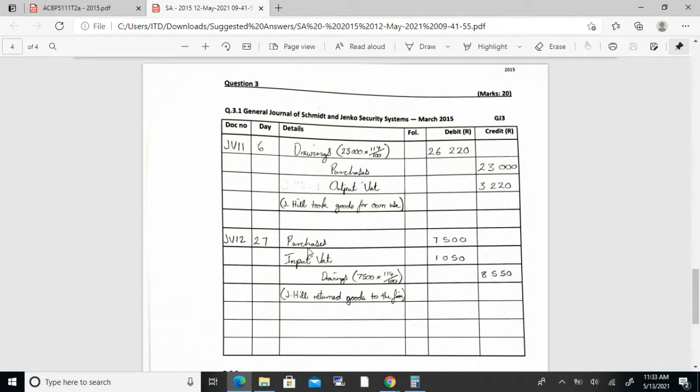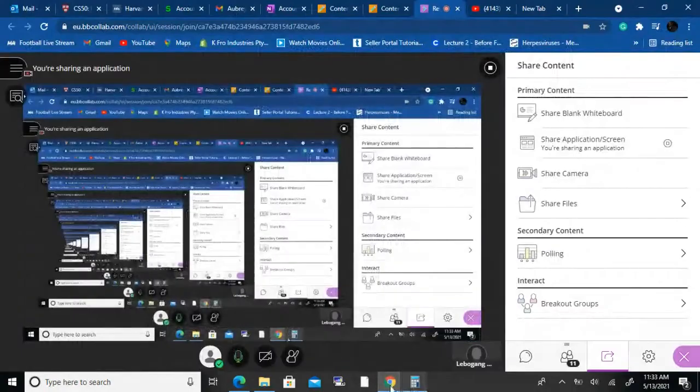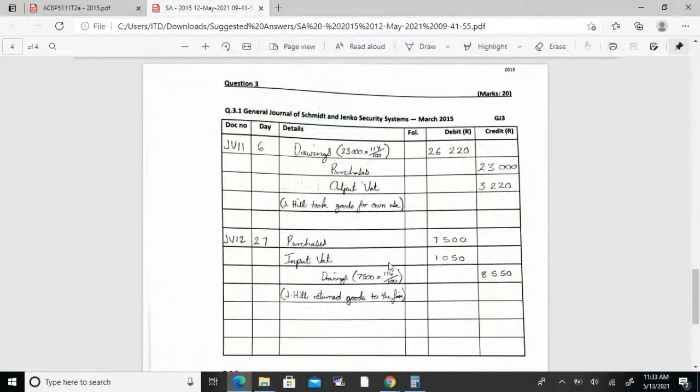Okay, JV12 was issued. Okay, so basically we're reversing what we've done. Okay, purchases is going to increase, so we're debiting that 7,500. Input VAT this time. Okay, we're reversing some of the output VAT that we calculated by doing an input VAT calculation.